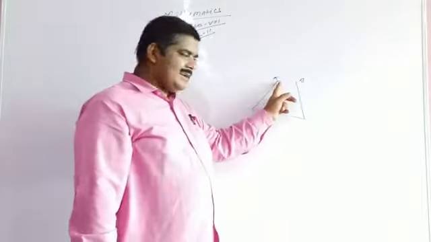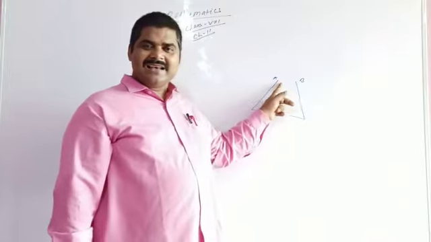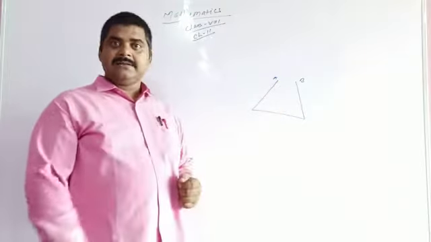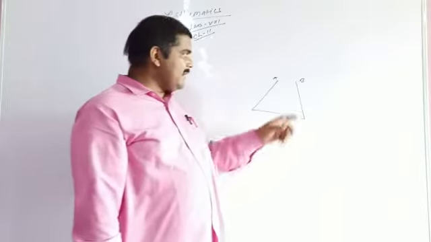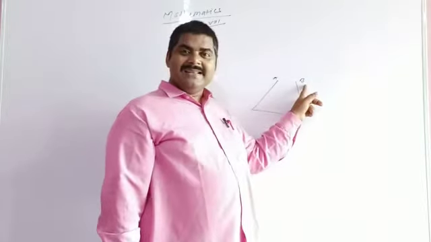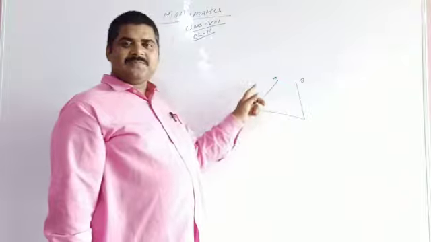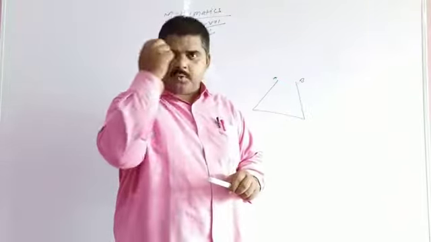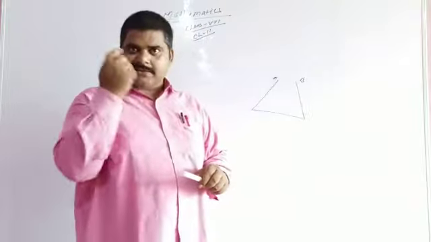Here A is initial and B is final. You may reverse it. You may say that B is initial and A is final, because it is not written on their forehead that I am the starting point.